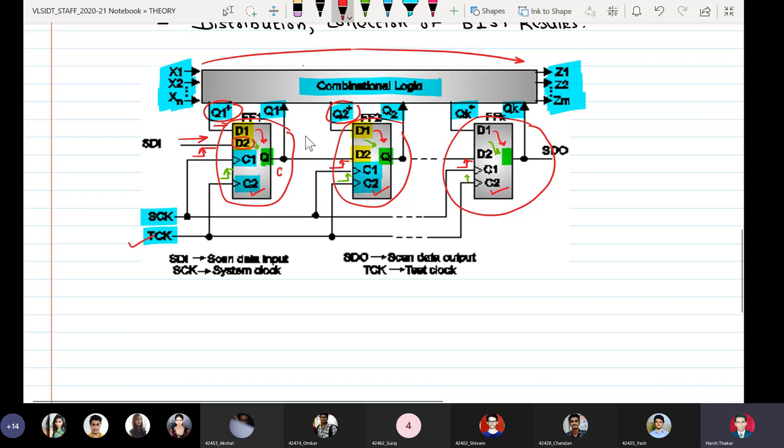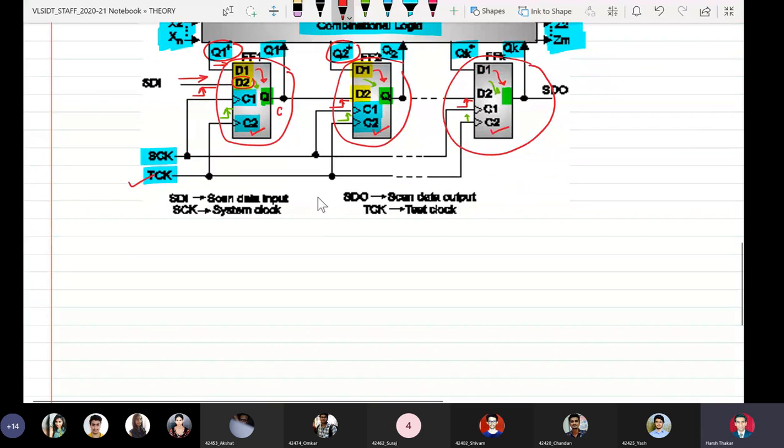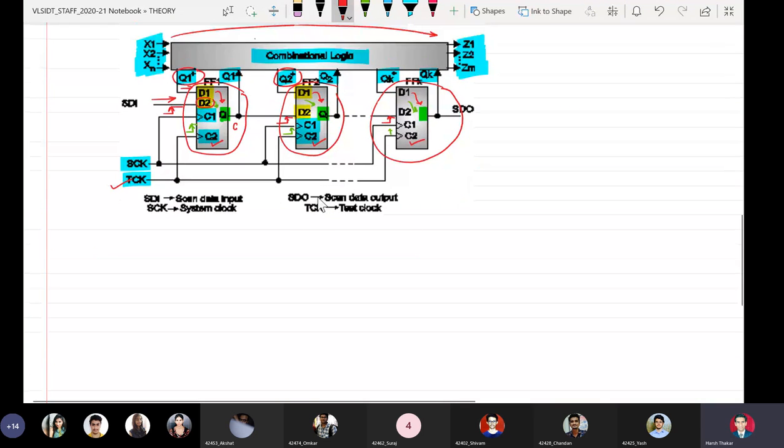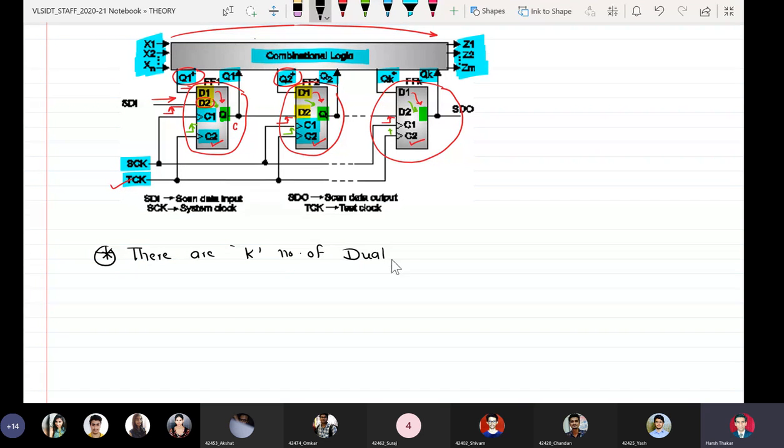So in essence we see here the combination logic. Whatever we have explained, now we will write it in words, so whenever you want to refer, you can refer to it. First, there are k number of dual port D flip-flops in the system.